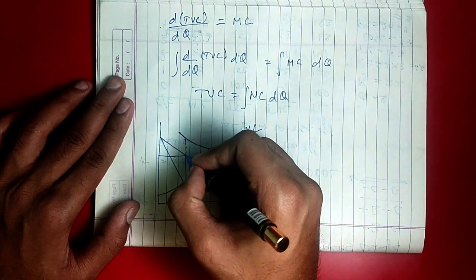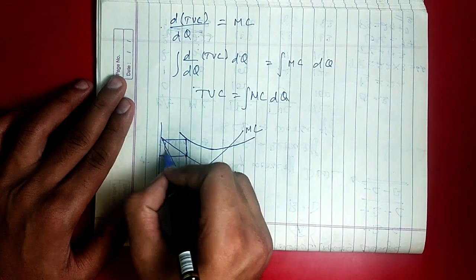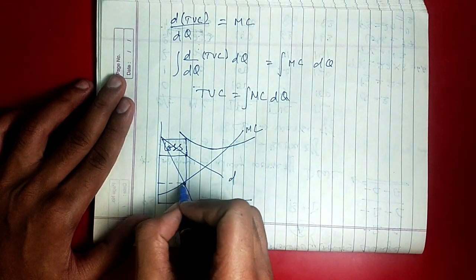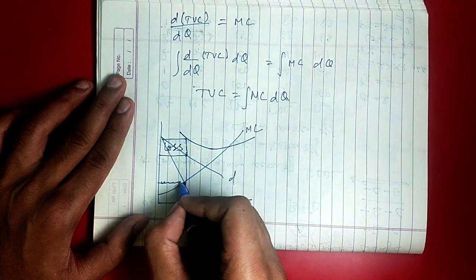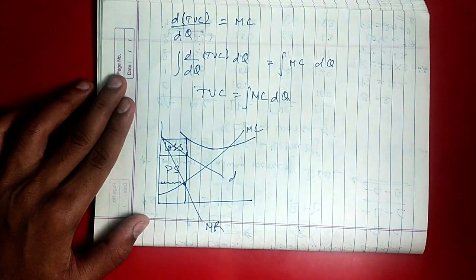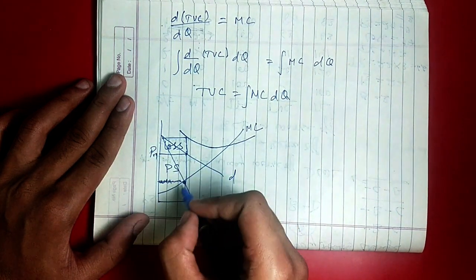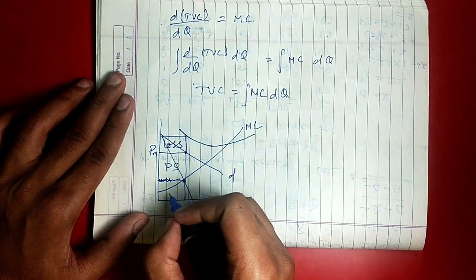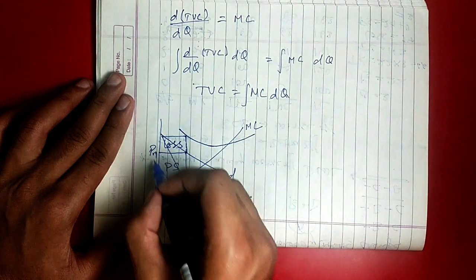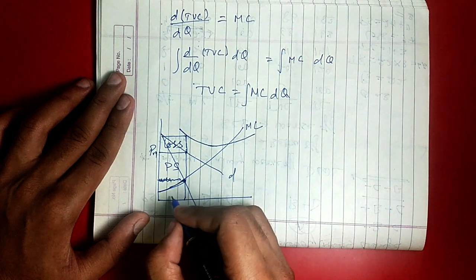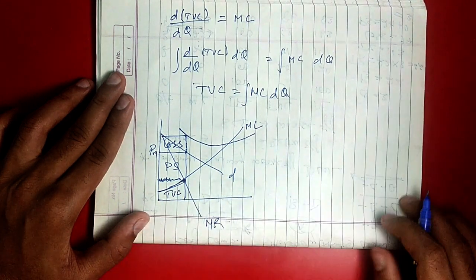So here, you can see in the diagram, this is the loss. This all is producer surplus, since this is the price line PM, and all of the area below the price line is producer surplus. And if you integrate MC, what you get is your TVC.